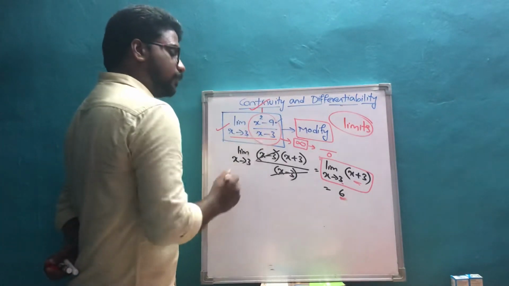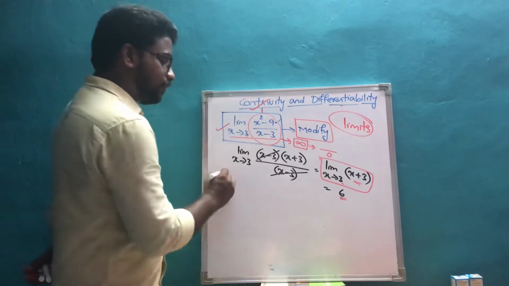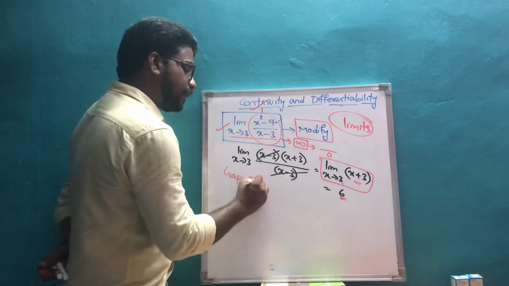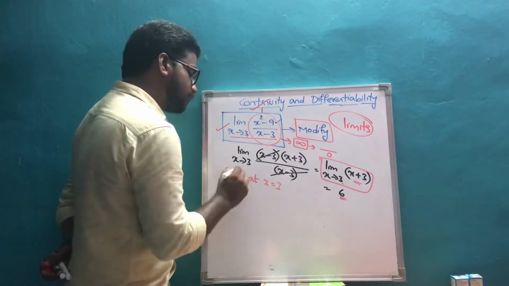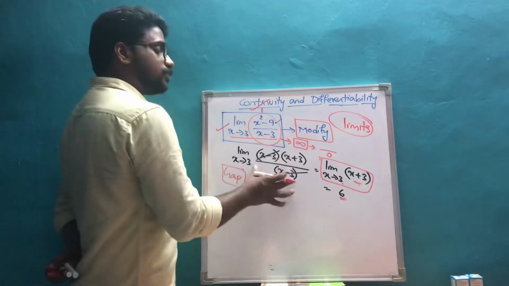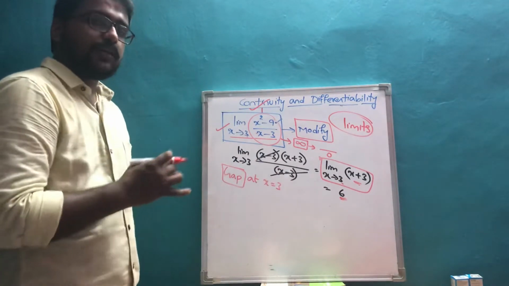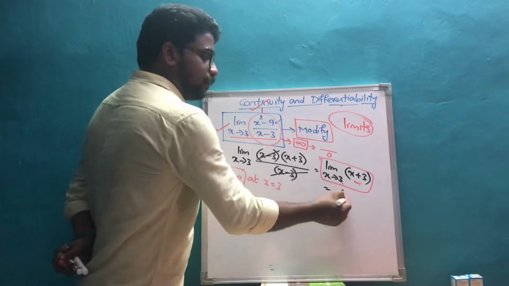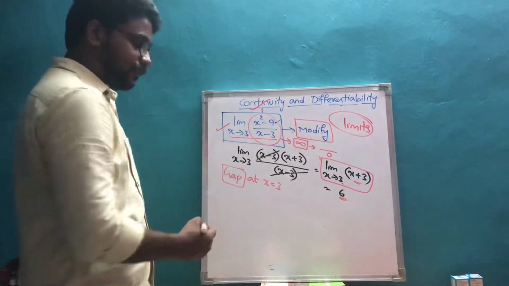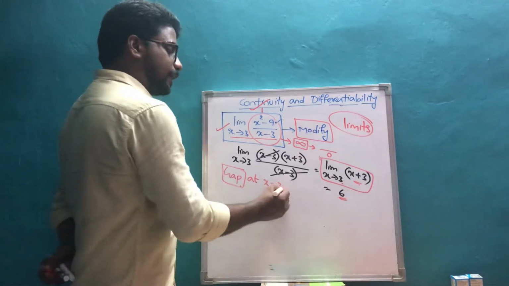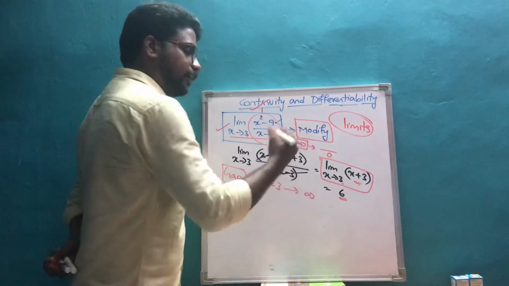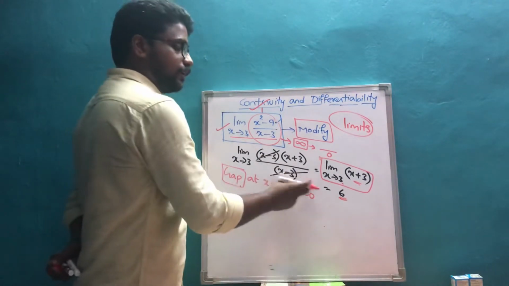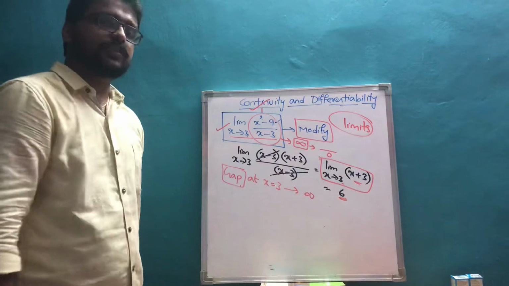Previously when you plot this in the graph, you have a gap at x equal to 3. Because of this limits concept, the gap got filled with a value of 6. Previously the gap was there because at x equal to 3 you were getting infinity. After modifying the function, you are getting the answer 6 here.